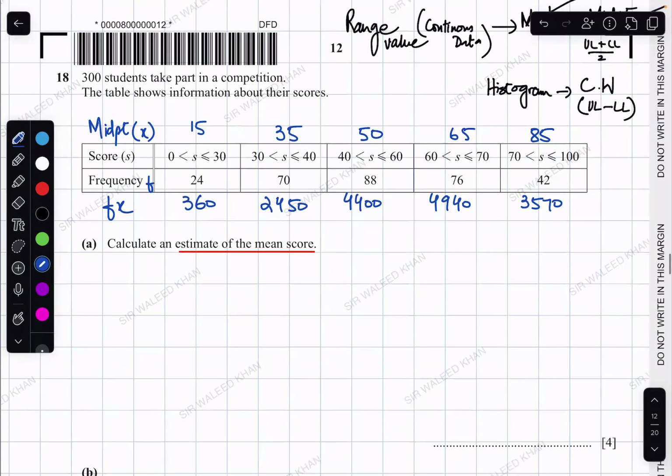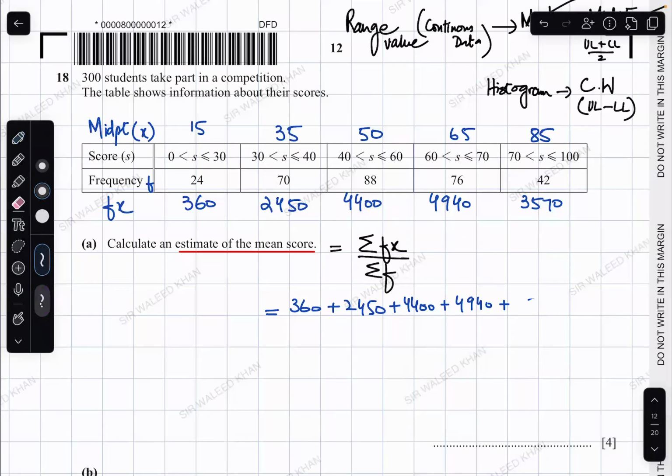Now, applying the formula, sigma fx over sigma f. Sum of all the fx values over sum of all the frequencies. So this is 360 plus 2450 plus 4400 plus 4940 plus 3570.